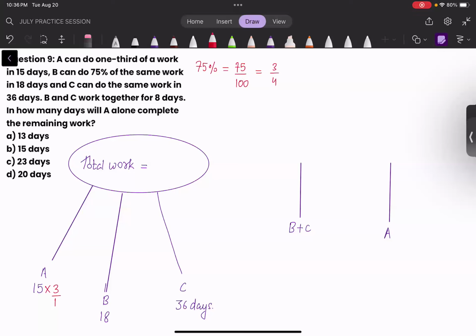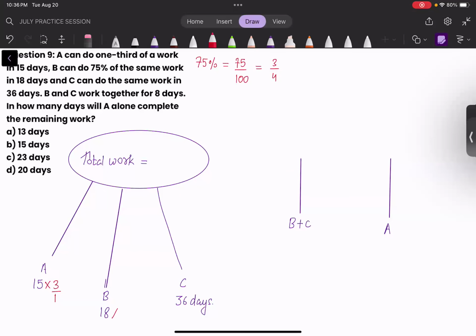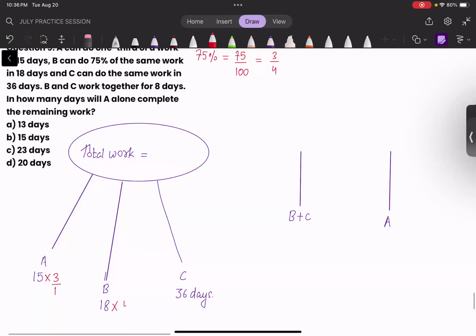No, 18 is not the value for total work. We have to make the correction. So what should I do? What should I multiply? 4 by 3, opposite. 4 by 3, how much you will get? This comes out to be 24.